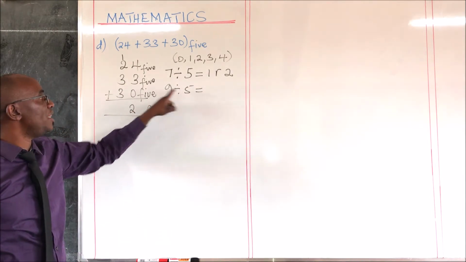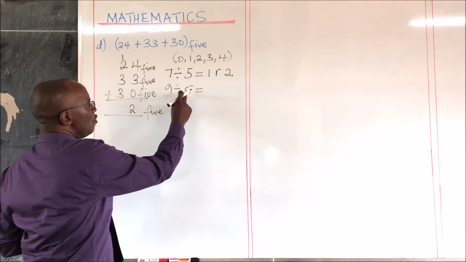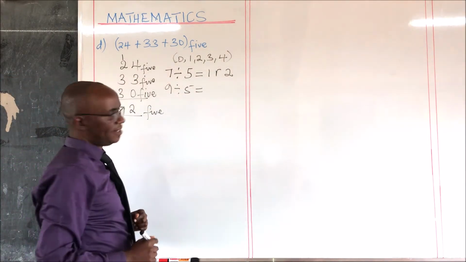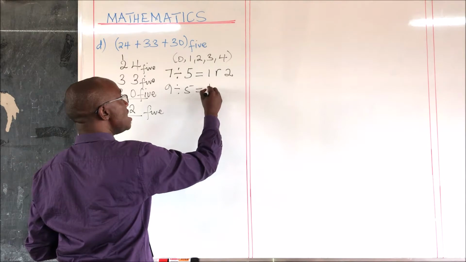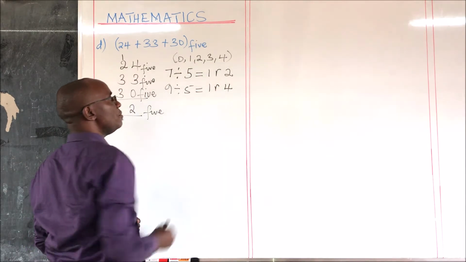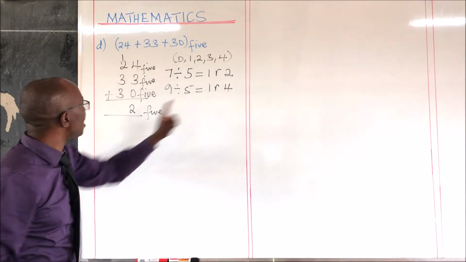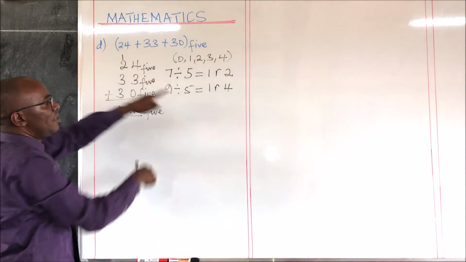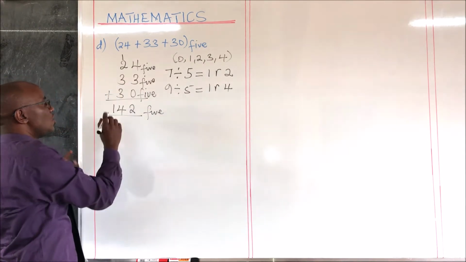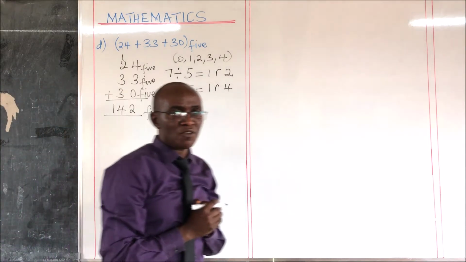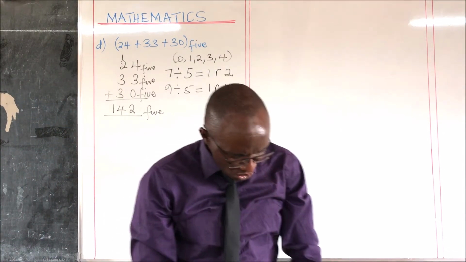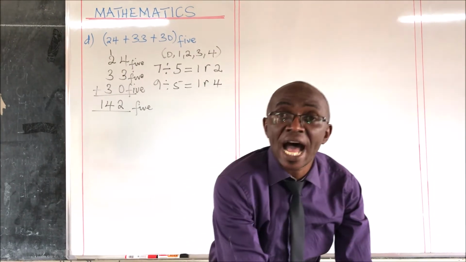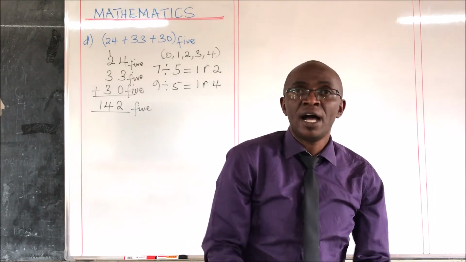So 5 into 9, how many times? That is 1, remainder 4. You write the remainder 4. Now we do not have anywhere to carry this 1, so we write it here. So the answer was 142 base 5. So now that is one question answered with addition.